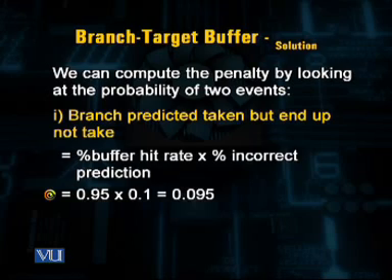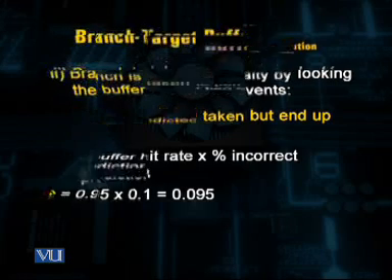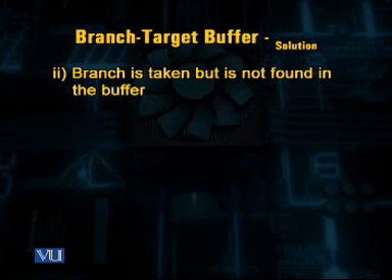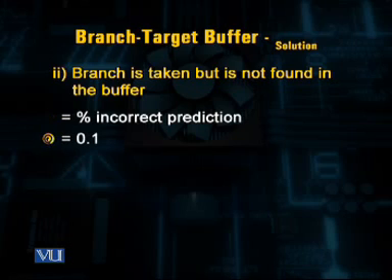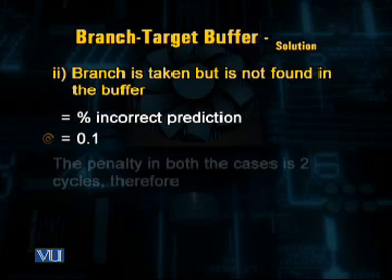So it results in a value which is equal to 0.095. The second case is that branch is taken but not found in the buffer. This is in fact equivalent to the percent incorrect prediction, and this value is equal to 0.1, as the incorrect prediction is only 10%.